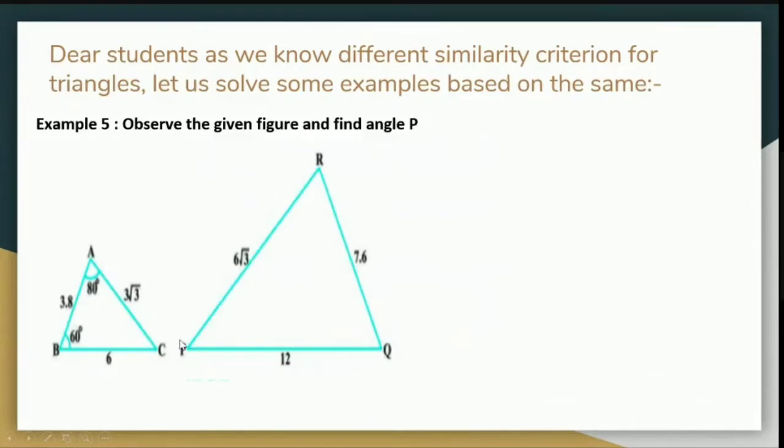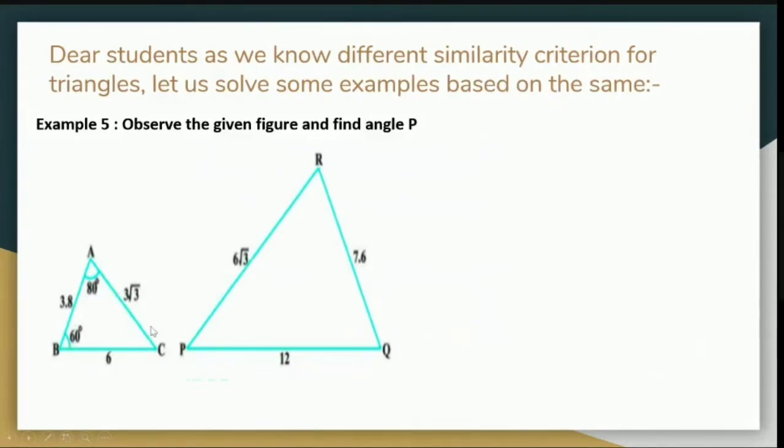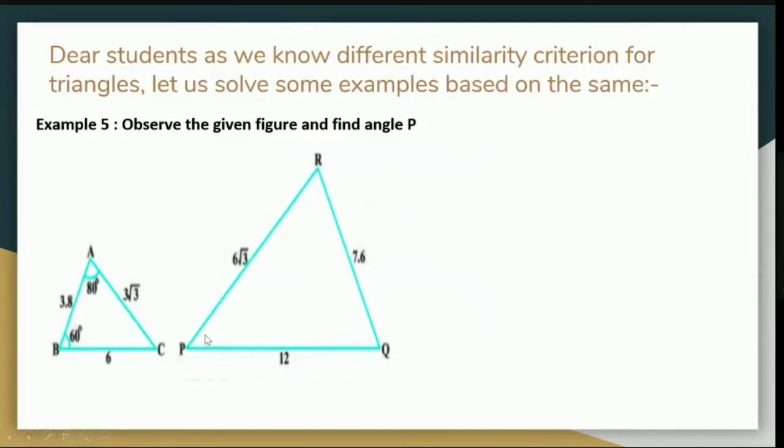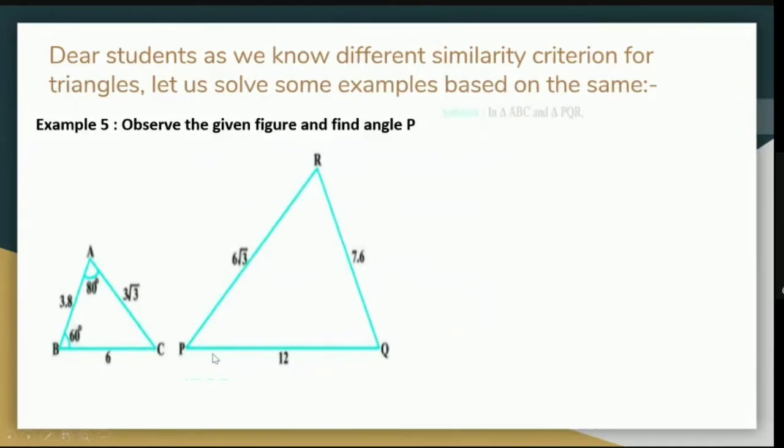Then angle R will be equal to angle A, angle B will be equal to angle Q, and angle C will be equal to angle P. I just wanted to find out angle P. By the angle sum property, 80 plus 60 is 140, so this will come out to be 40, so angle P will also come out to be 40 degrees.